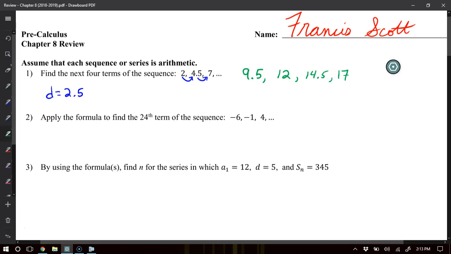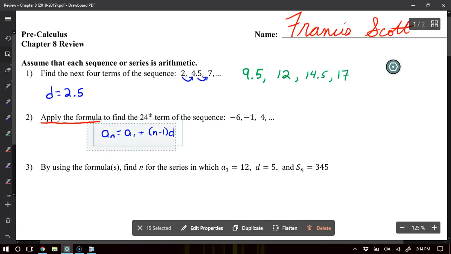Now, number 2 is a little bit different. Number 2, we are told that we have to apply the formula. The formula, remember, we'll do it over here, is a sub n equals a1 plus n minus 1, that quantity times d. So let's figure out what we're going to do. Right off the bat, I want to know what the 24th term is.